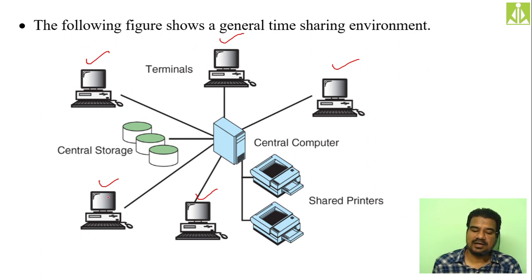So if they want to perform any task, they have to depend on the central computer. If they want to store anything, they have to store on the central storage. And if they want to print something, they have to depend on the shared printers. So all these terminals are dumb devices.